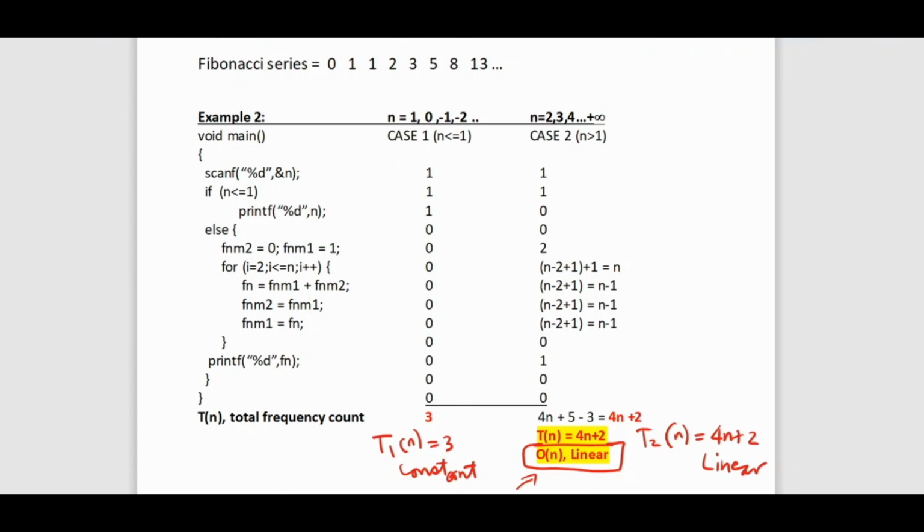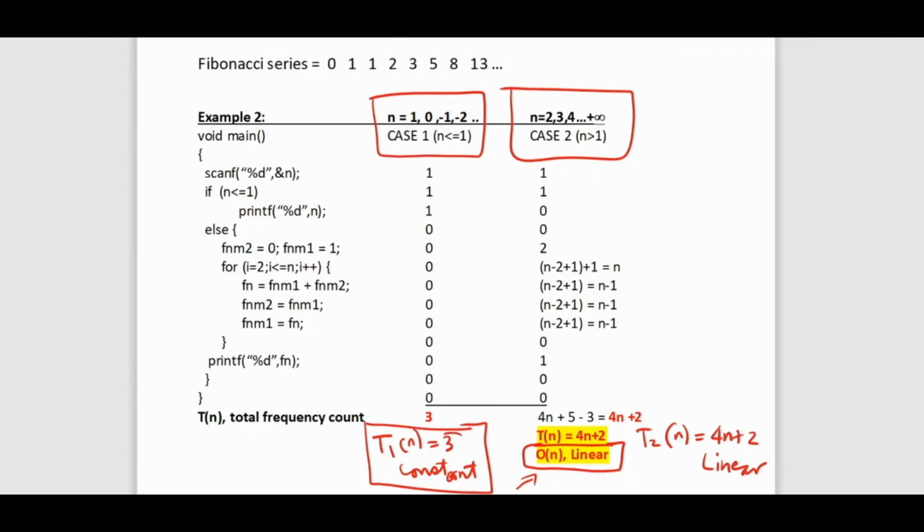So, which of these two cases is the best case and the worst case? Of course, the best case is 3 because T1 of n, which is 3, under case 1 is less than the T2 of n, which is equal to 4n plus 2 under case 2. But we have to prove it mathematically, okay? So this is still a question mark that needs to be verified.